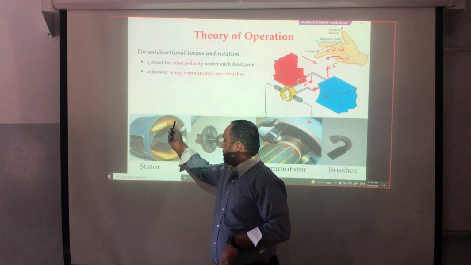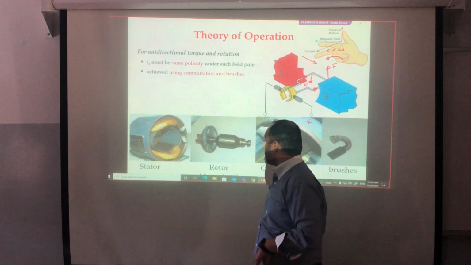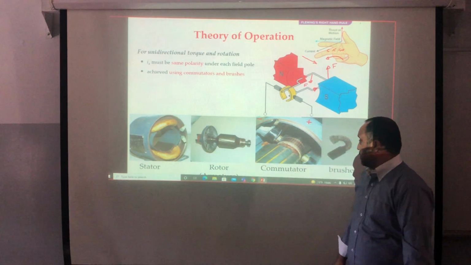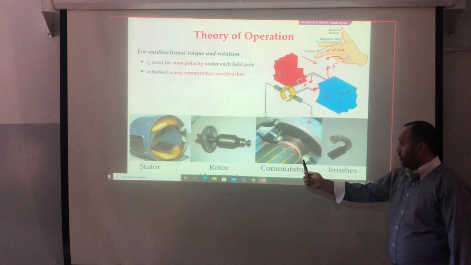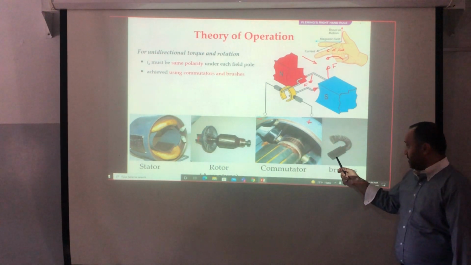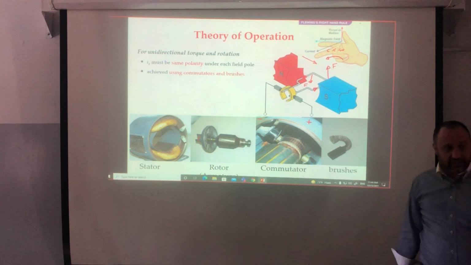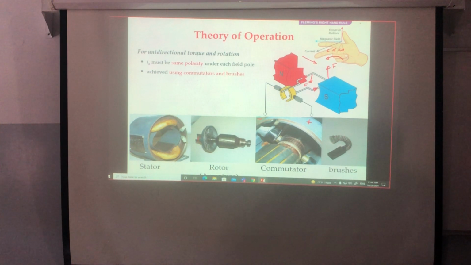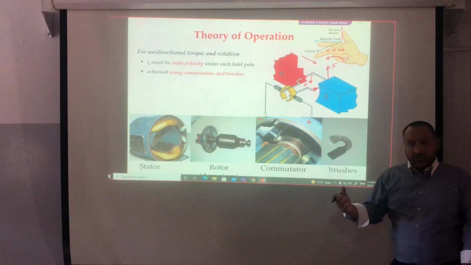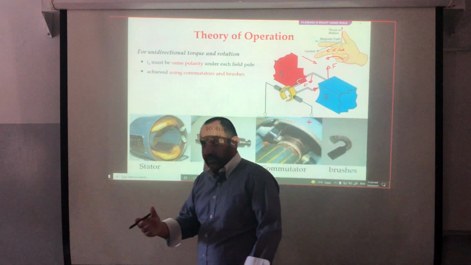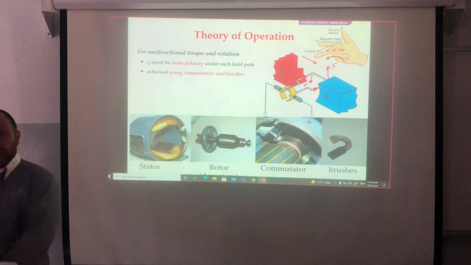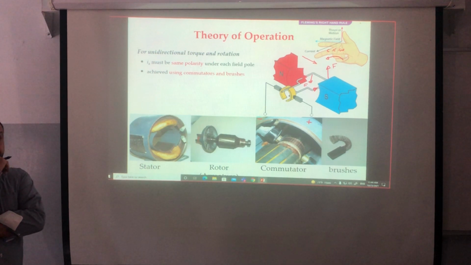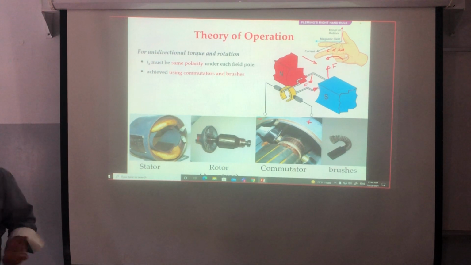In the yoke we have the windings, the field windings. Here we have the rotor, and this is the commutator with the brushes. And this is a close picture of the brushes. Those are the main components of any DC machine.